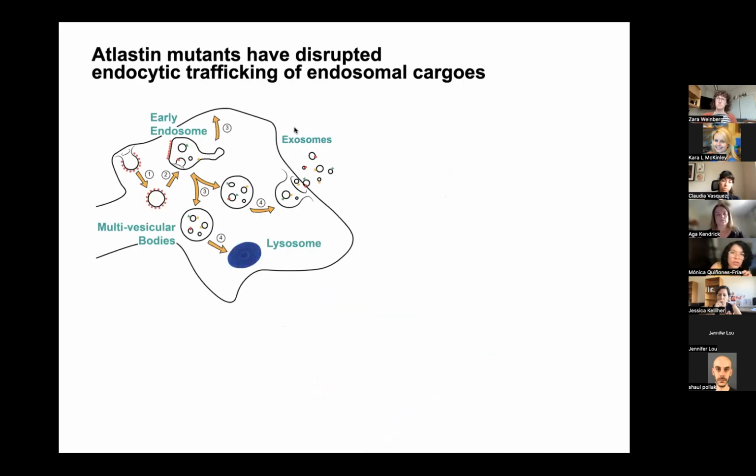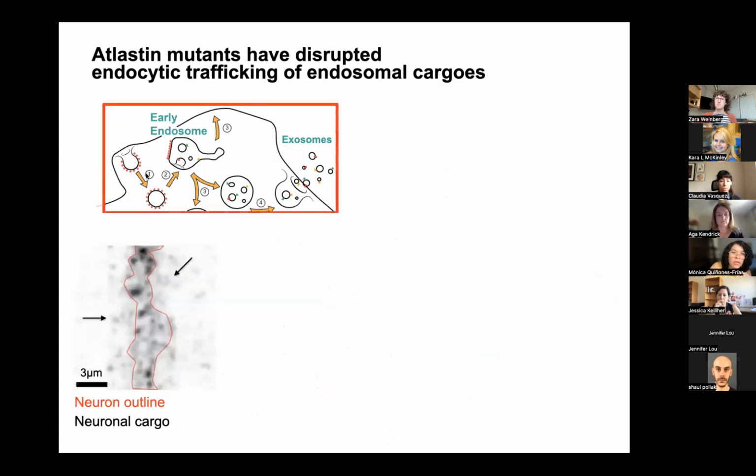And so to explore this further, I decided that I wanted to look at endosomal cargoes that we know traffic through this pathway, where they end up being released to the outside of the cell through exosomes. And the reason is because at the Drosophila neuromuscular junction, when endosomal cargoes are released from inside the cell to the outside of the cell, they become trapped in the muscle. So it allows us to really easily quantify the levels of cargoes inside and outside the cell.